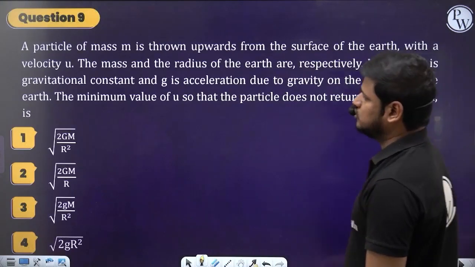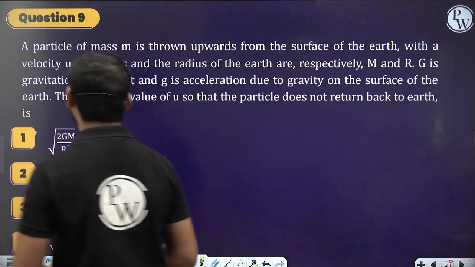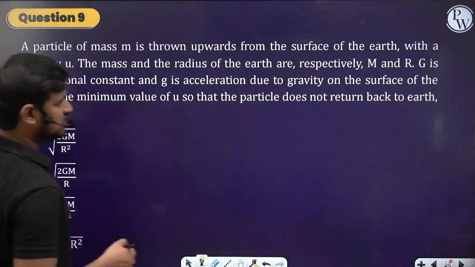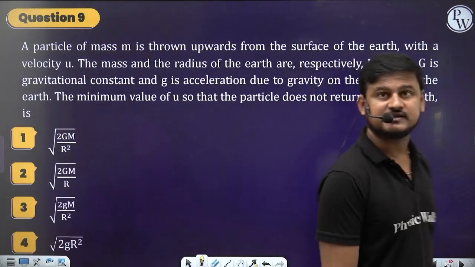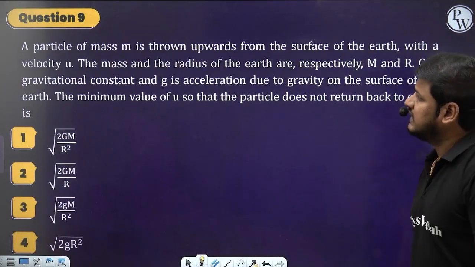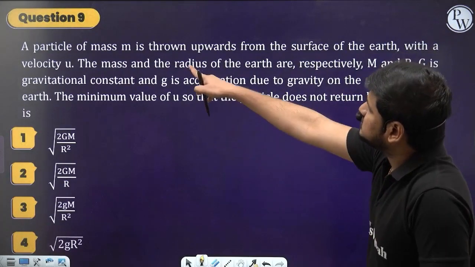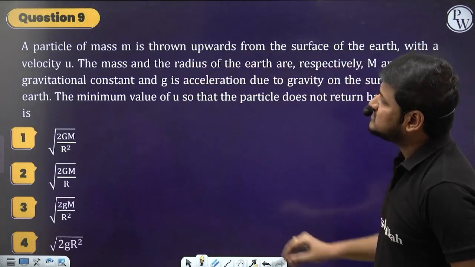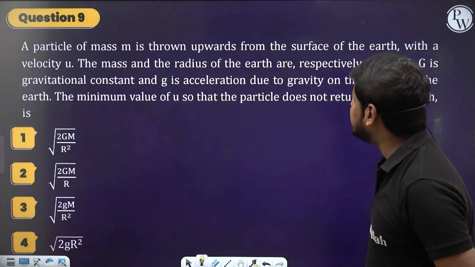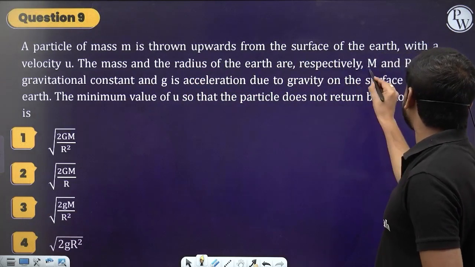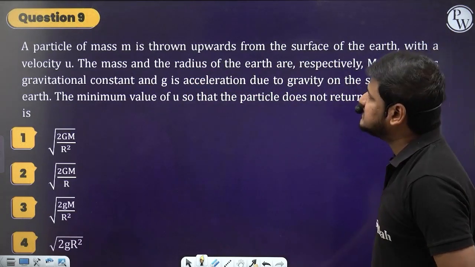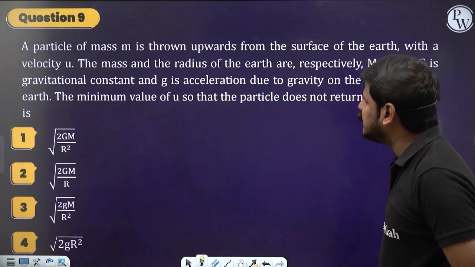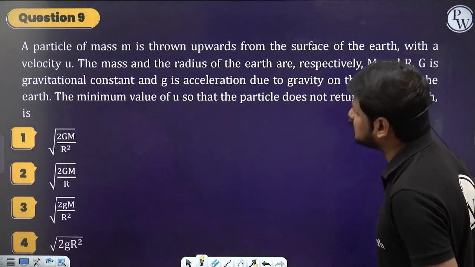Good. Chalo, let's take the simple questions, one by one. You can read the question. A particle of small mass m is thrown upwards from the surface of the earth with a velocity u. The mass and the radius of the earth are respectively capital M and capital R. G is the gravitational constant and small g is the acceleration due to gravity on the surface of the earth.